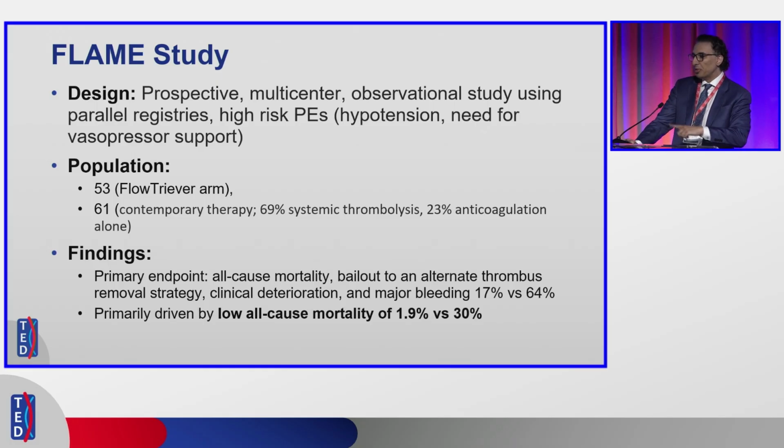Of the contemporary therapy patients, 69% received systemic thrombolytics. Interestingly, it met the primary endpoint of all-cause mortality, clinical deterioration, and major bleeding. That primary endpoint was primarily driven by all-cause mortality, 1.9% compared to 30% in the contemporary therapy arm.